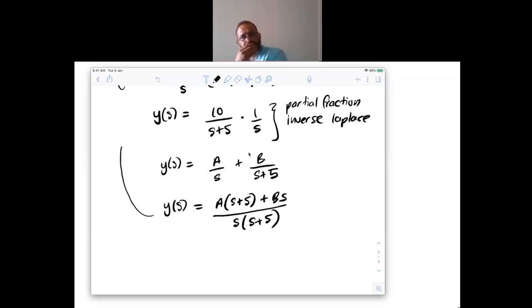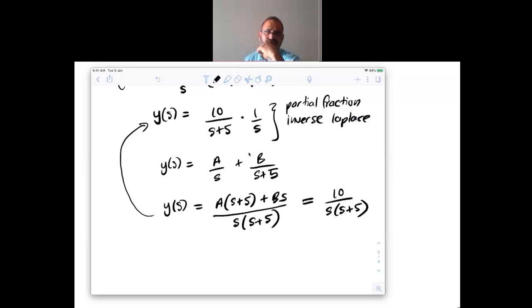Now I can say that this equation is equivalent to 10 over s plus 5. Since the denominator is already the same, this is partial fractions, for those who don't remember. As simple as that.